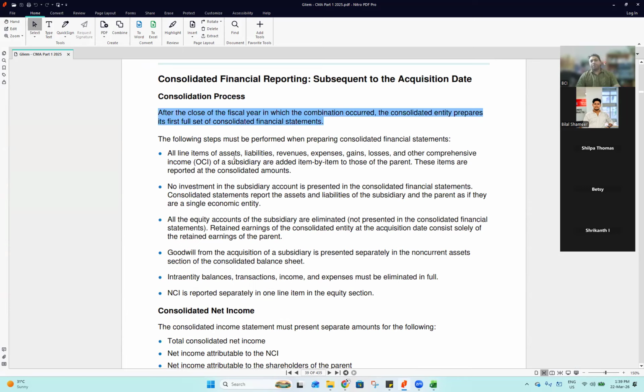The following steps must be performed when preparing consolidated financial statements. All line items of assets, liabilities, expenses, gains, and other comprehensive income of the subsidiary are added item by item to those of the parent. Then these items are reported at the consolidated amounts. No investment in the subsidiary account is presented in the consolidated financial statements.